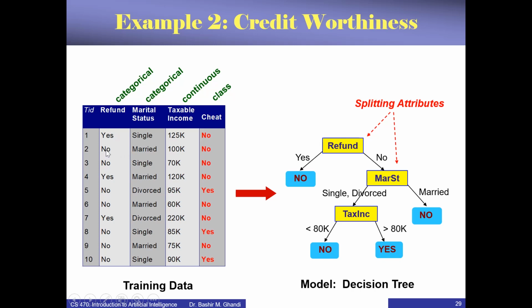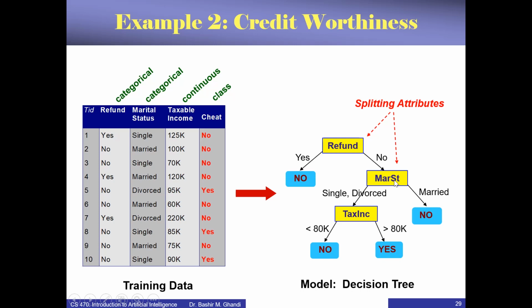If you look at not refund, is he married? Then cheating is going to be no. And similarly for here, refund is no, married, cheating is equal to no. So this seems to be a good attribute to use to split the data.